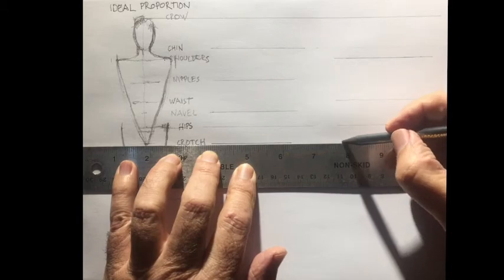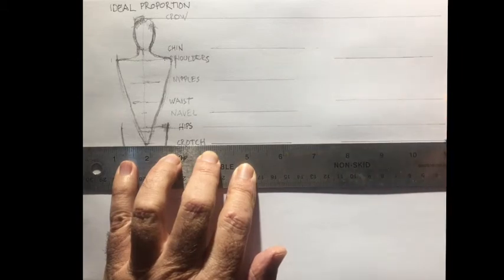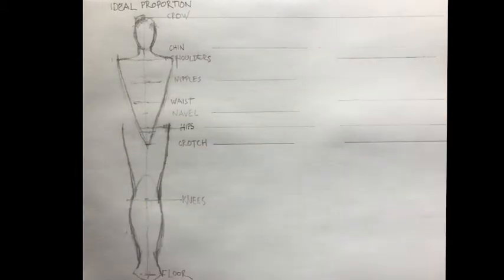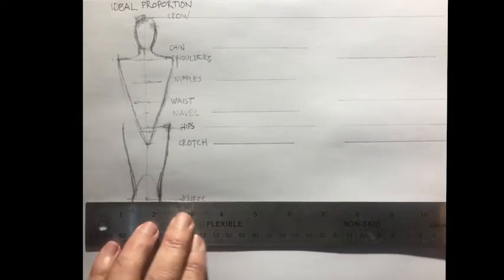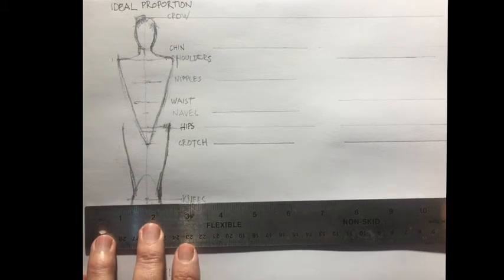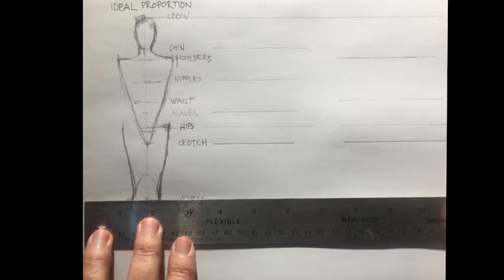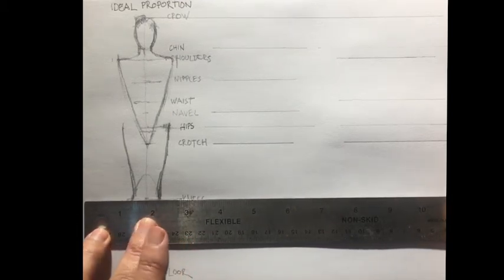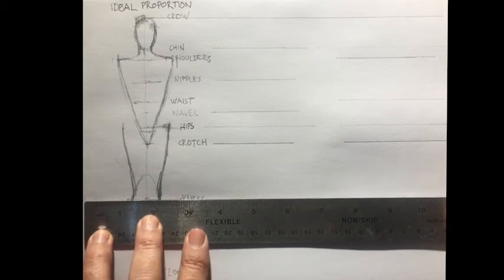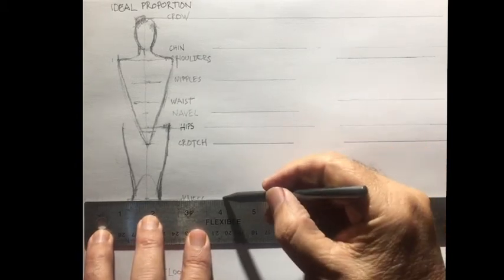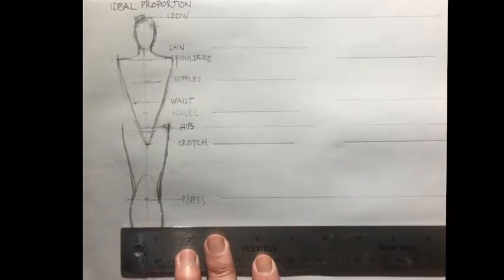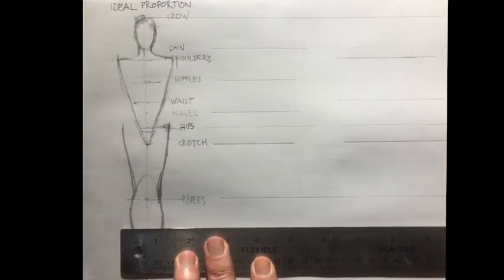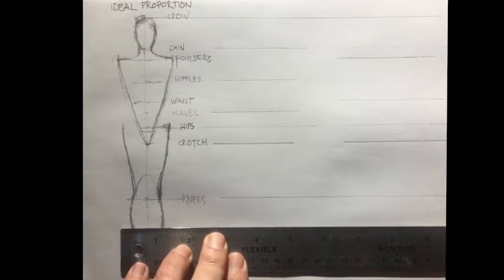In there, nice and dark. In there, nice and dark. Then we get the knees, and the knees are important in both drawings. And of course, the floor.